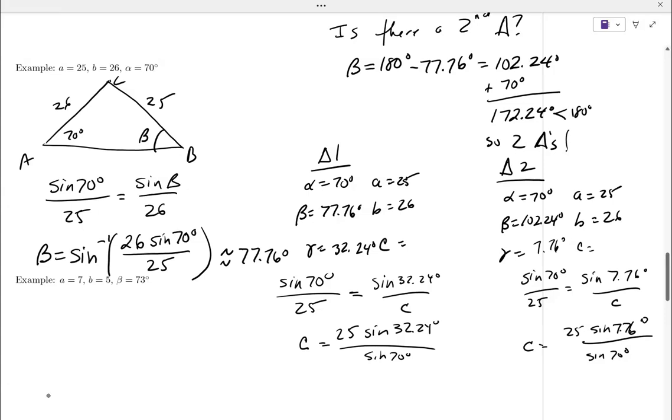And then again, this is what a calculator is for. Cool.